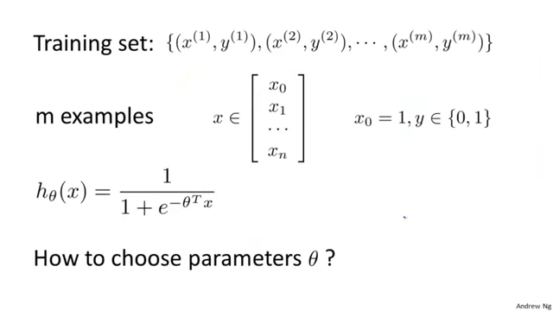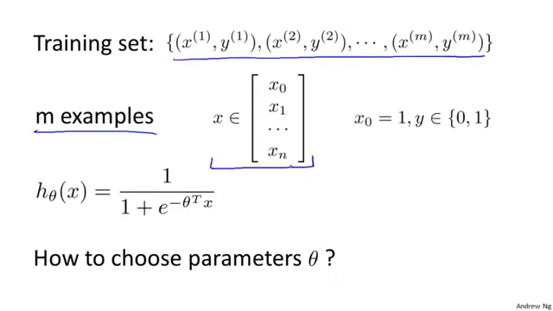Here's the supervised learning problem of fitting a logistic regression model. We have a training set of m training examples, and as usual, each of our examples is represented via a feature vector that's n plus 1 dimensional. And as usual, we have x0 equals 1, our first feature, or our 0 feature is always equal to 1.